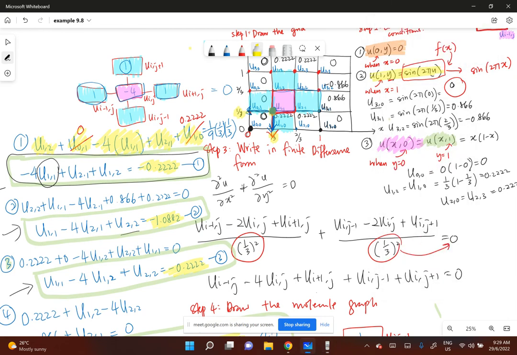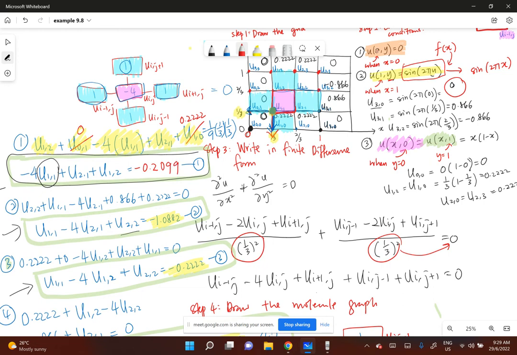So here the new value is negative 0.2099. Can or not?